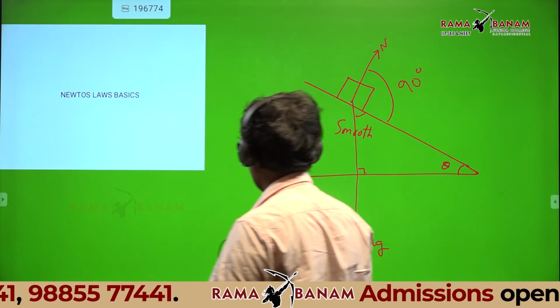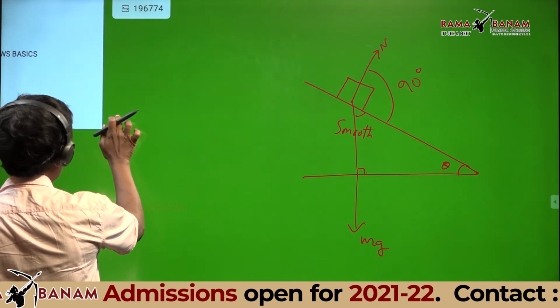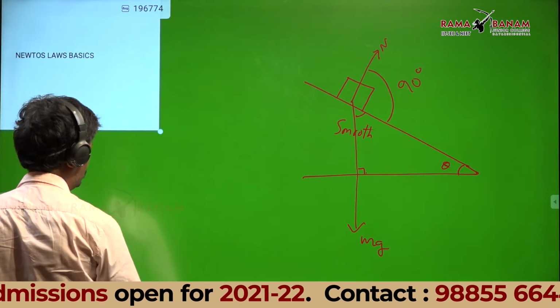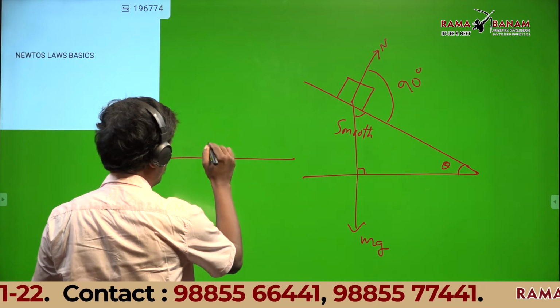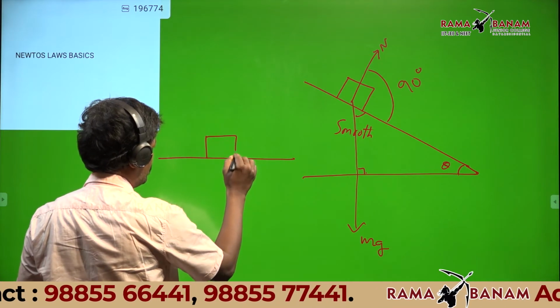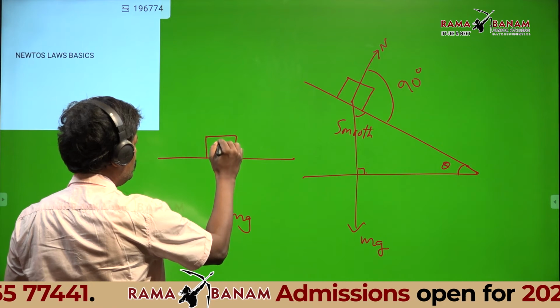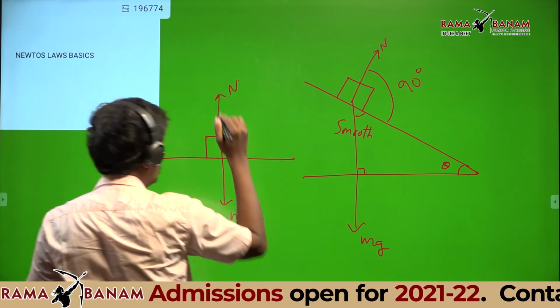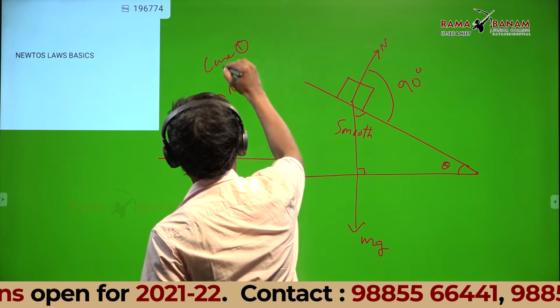For example, sir, mg is gravitational force only. Yes, no doubt, gravitational force. Look at this here. mg is down. Here, in case 1, both are perpendicular to each other.